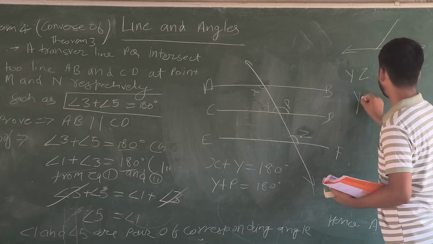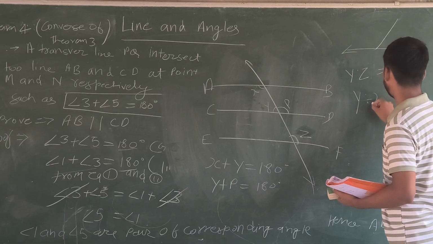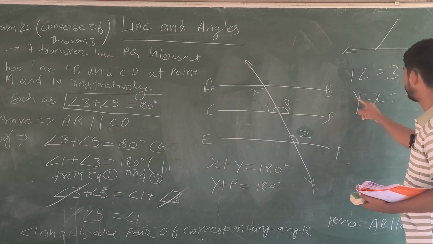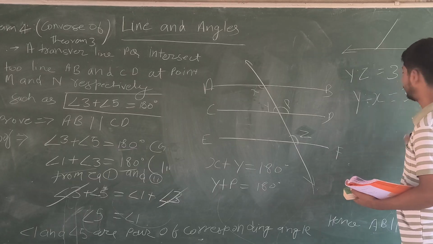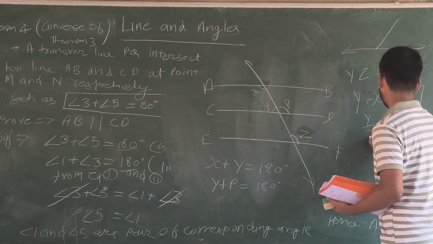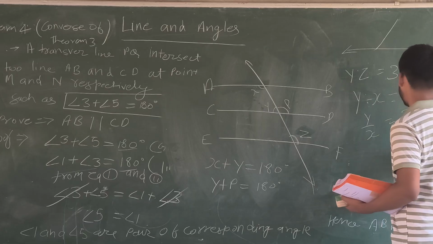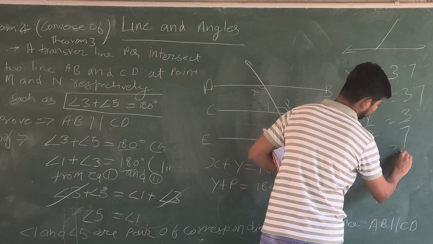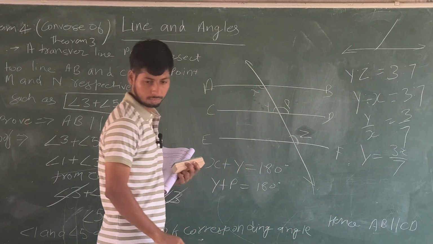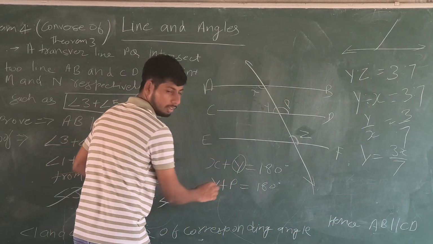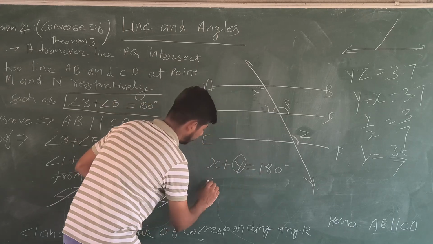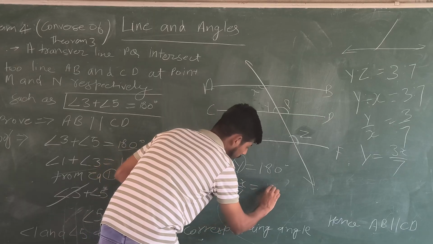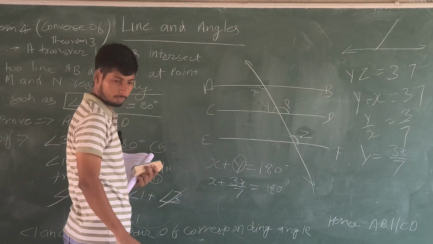So can we replace here z with x, since both are equal? So can we write y ratio z is equal to 3 ratio 7? So y by z is equal to 3 by 7. So from here y is equal to 3x by 7. So here we can replace: x plus 3x by 7 is equal to 180 degrees.